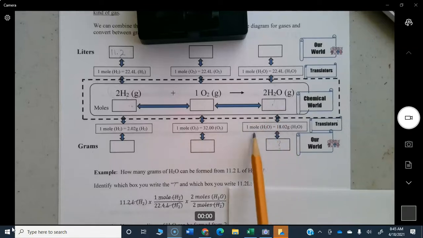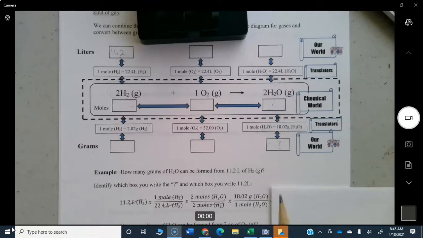Which one goes on the bottom? You have moles of H2O here. That's got to cancel out, so it's 18.02 grams of H2O over 1 mole of H2O. So the moles of H2O cancels out. Now you can multiply 11.2 times 1 times 2 times 18.02, and then divide by 22.4 divided by 2 divided by 1. That gives you an answer of 9.01 grams.